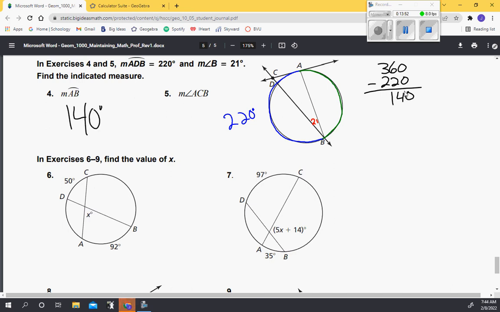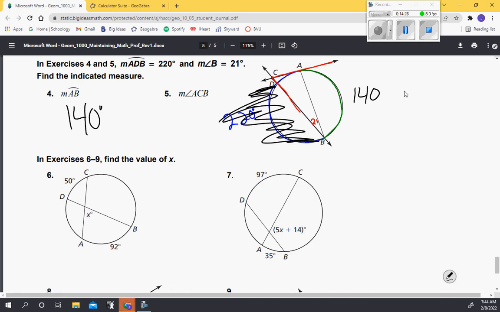Next, we want to find the measure of angle ACB. This is one of our angle theorems. Remember, when we're talking about this angle in red, we do not care about anything outside the angle.